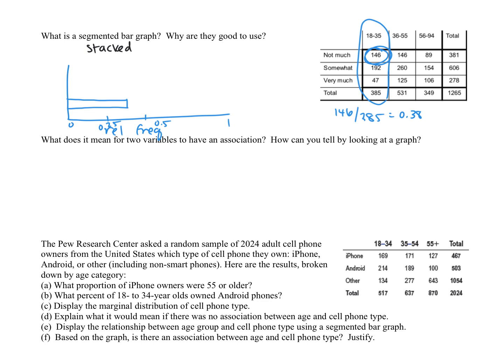So then that somewhat category is 192 out of the 385. That is about 0.5 of the data set. So then what I'm going to do is start where I left off and add on 0.5 to it.